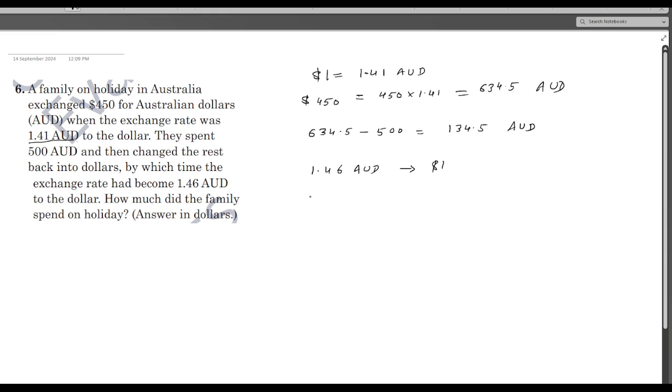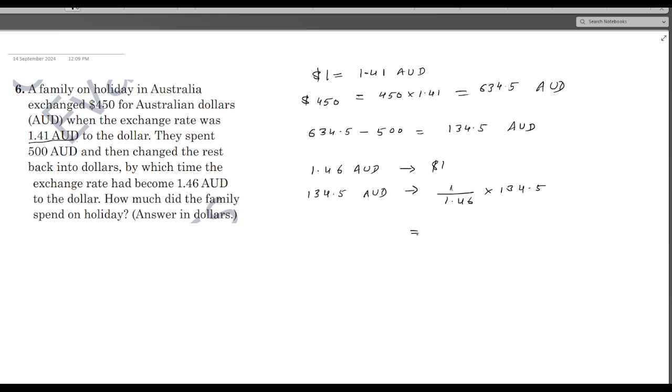So your 134.5 AUD will become 1 divided by 1.46 times 134.5. So this gives you 92.12, I will say $92.12.